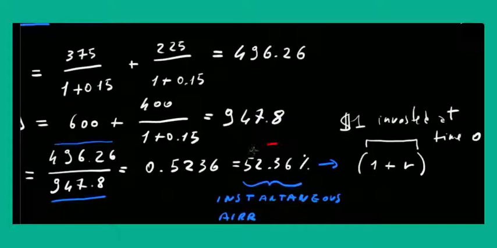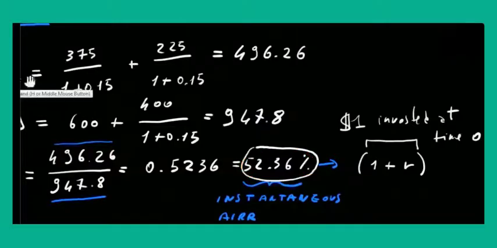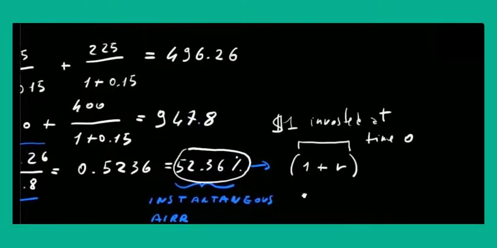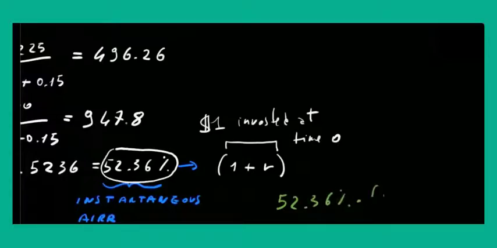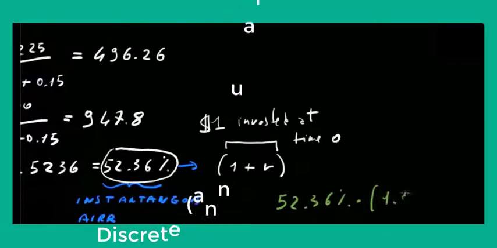So we want the value of this instantaneous rate of return after one period. We want a discrete rate of return. So we take 52.36% and multiply by 1.15.